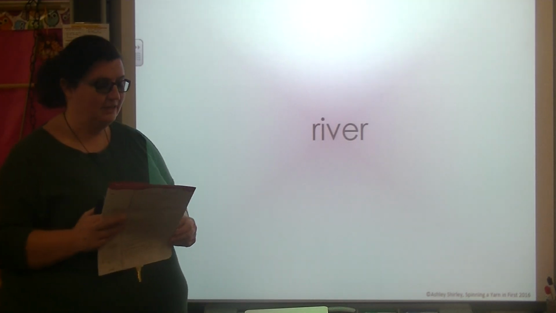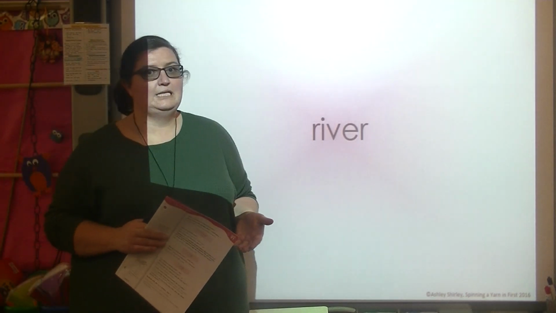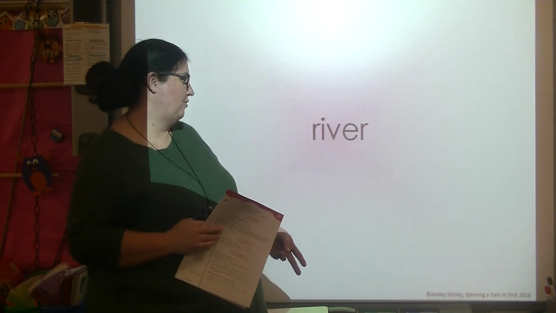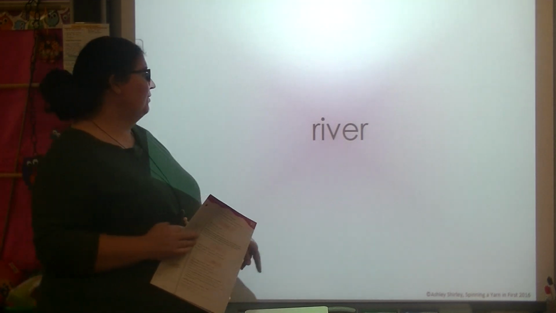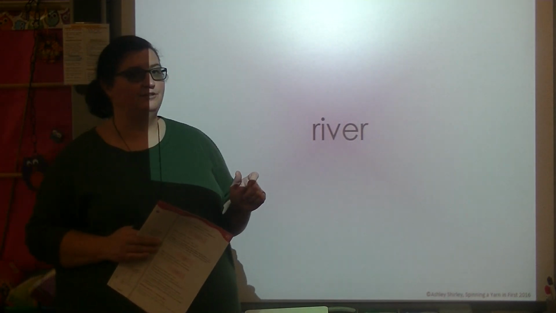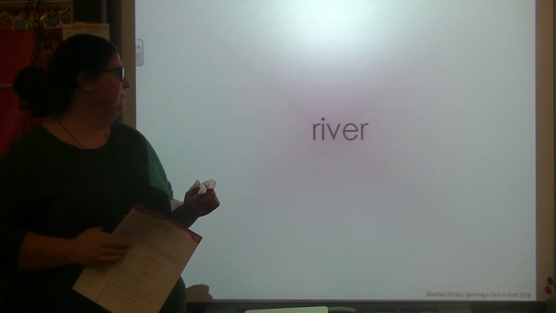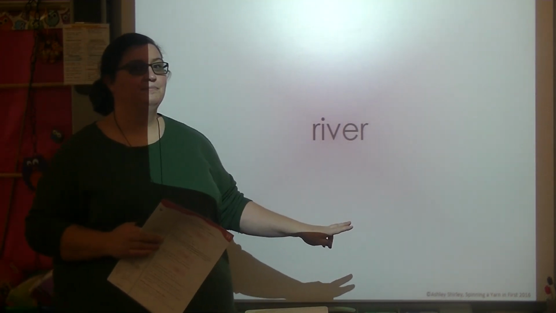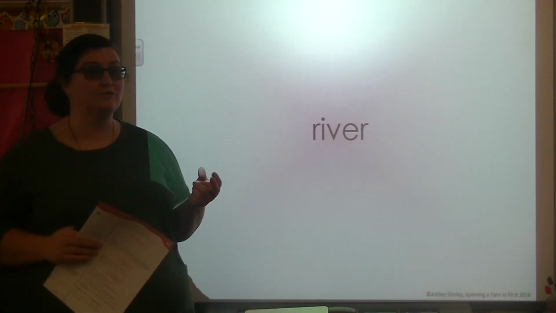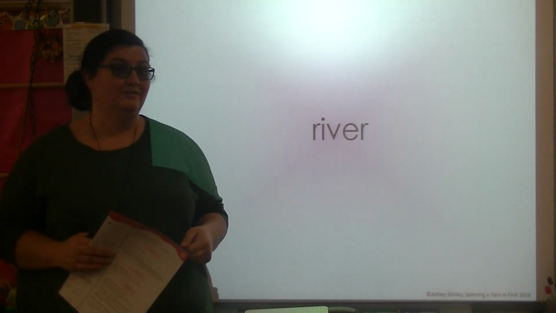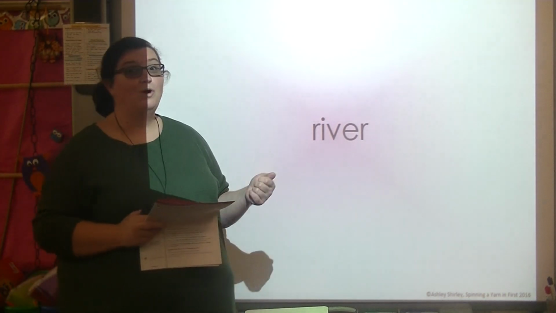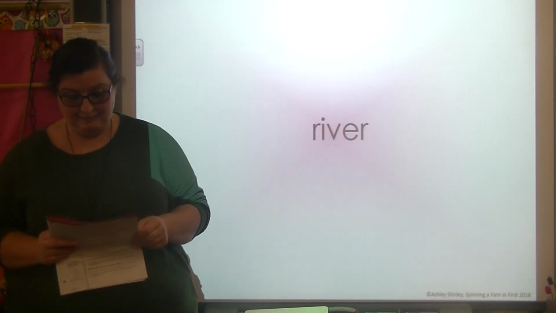Are there any digraphs? No. I see a combination, but I noticed two vowels. If there are two vowels, there are two syllables. So this word has two syllables.